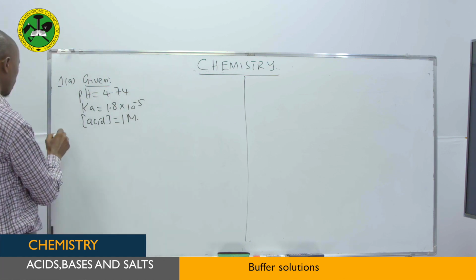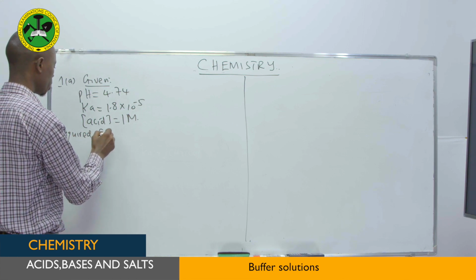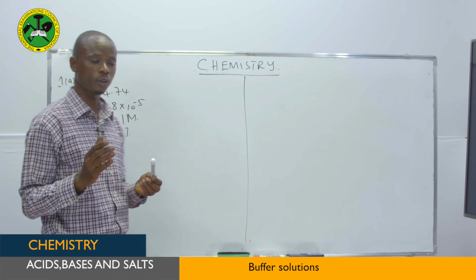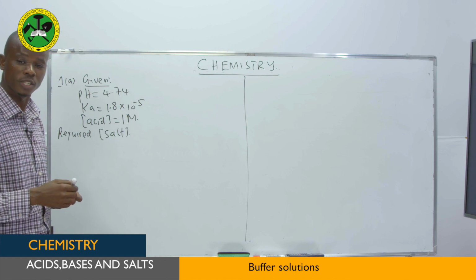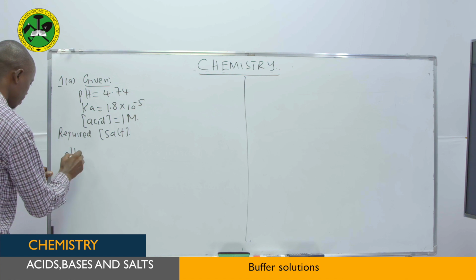What are we required to find? Required: concentration of the salt. For part A, calculate the concentration of the salt. Now, do you remember the pH equation for the acidic buffer solution? Yes, here it is.